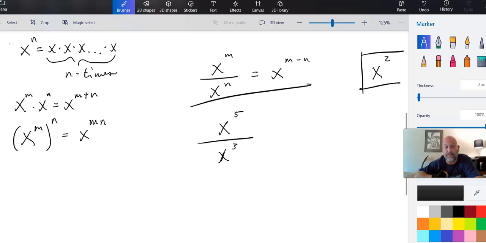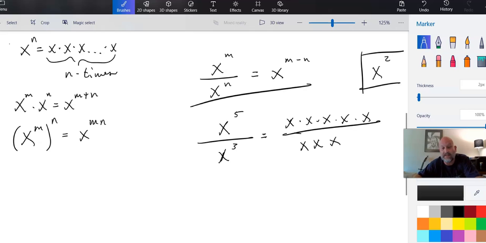So that's our check to see if we can get this same answer using the definition. Now, if I'm using the definition, that means I need to rewrite this as repeated multiplication. So it's x times x times x times x times x. Whew, boy, that's a lot of x's.